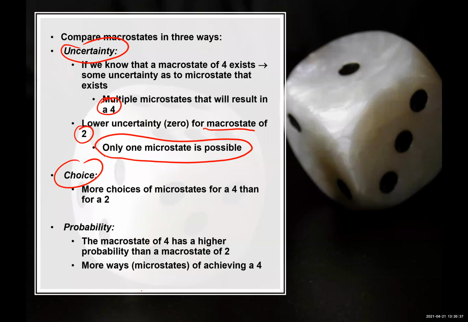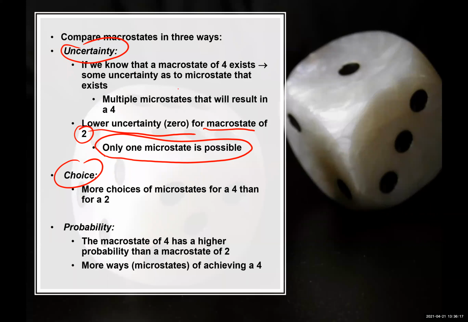Imagine you're rolling some n number of times. Obviously, you have a higher probability of getting 4 than getting 2, because there are three different ways you can get 4, and only one way you can get 2. So that's why you have a higher probability of getting 4, and there's a lower uncertainty for the macrostate of 2.